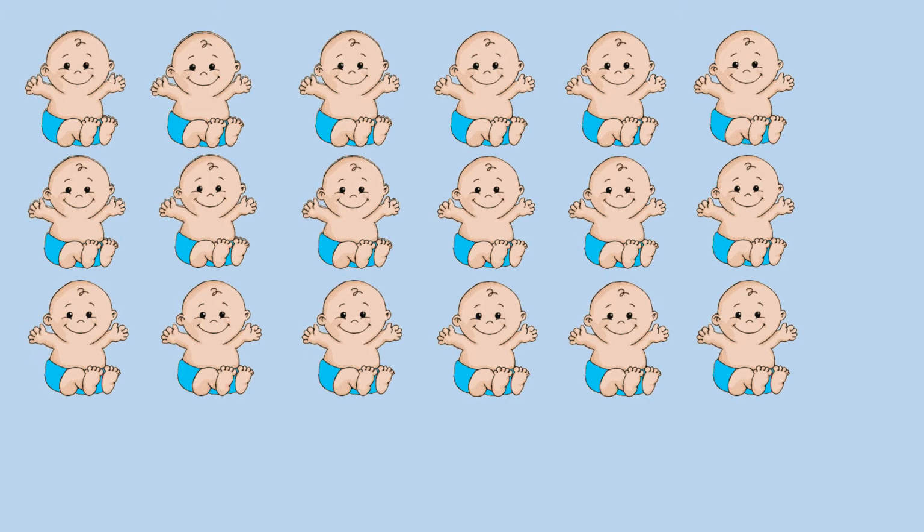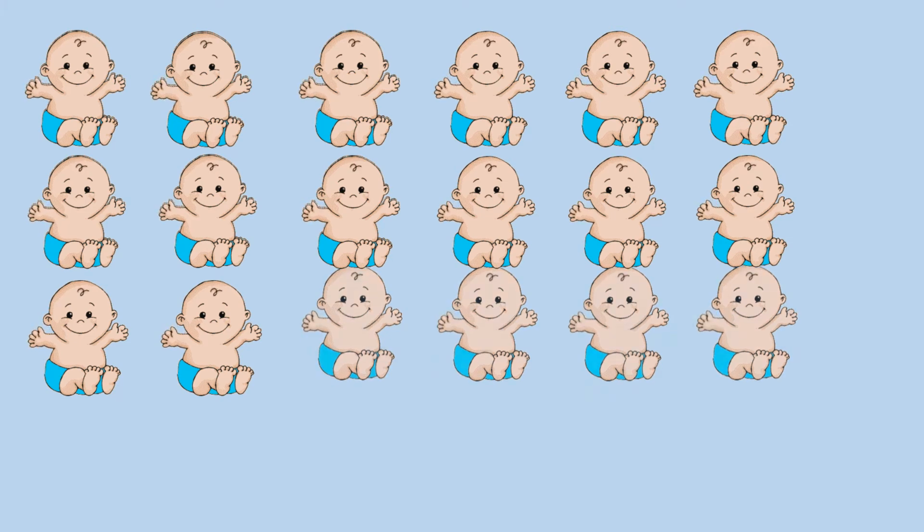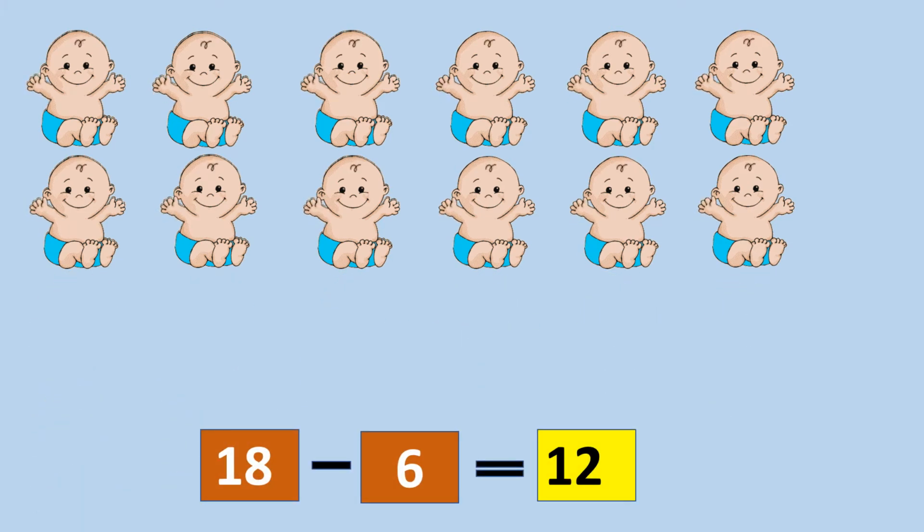And let's send some babies home. So if I send 6 babies home, how many babies are left? Let's count. 1, 2, 3, 4, 5, 6, 7, 8, 9, 10, 11, 12. So if I take away 6 from 18, the answer is 12. So 18 take away 6 is same as 12.